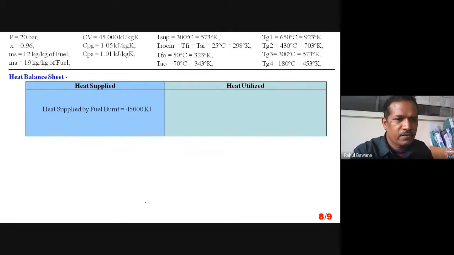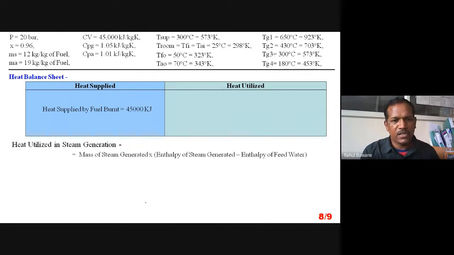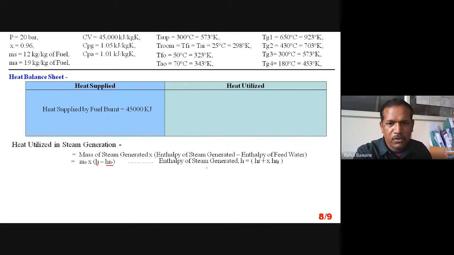Now the second head, heat utilized in steam generation. So mass of steam generated multiplied by enthalpy change of steam. So mass of steam generated, and enthalpy change is enthalpy of steam generated minus enthalpy of water supplied to boiler. So enthalpy of steam generated. Now the steam is wet steam, that means steam having gas as well as moisture.